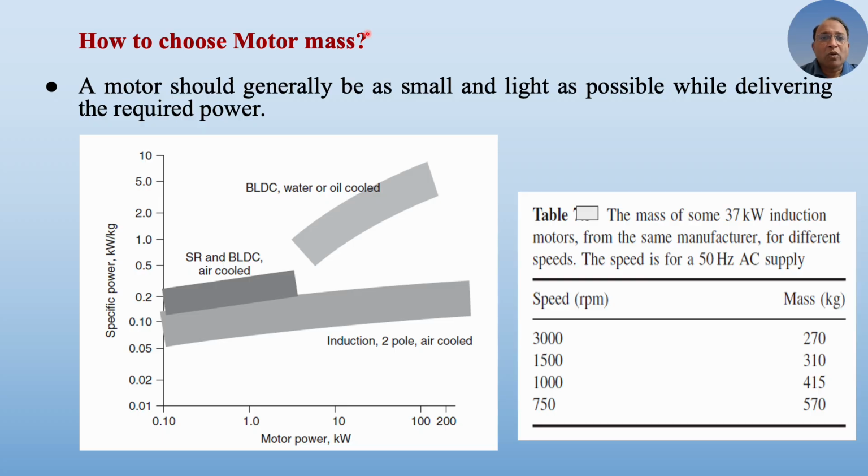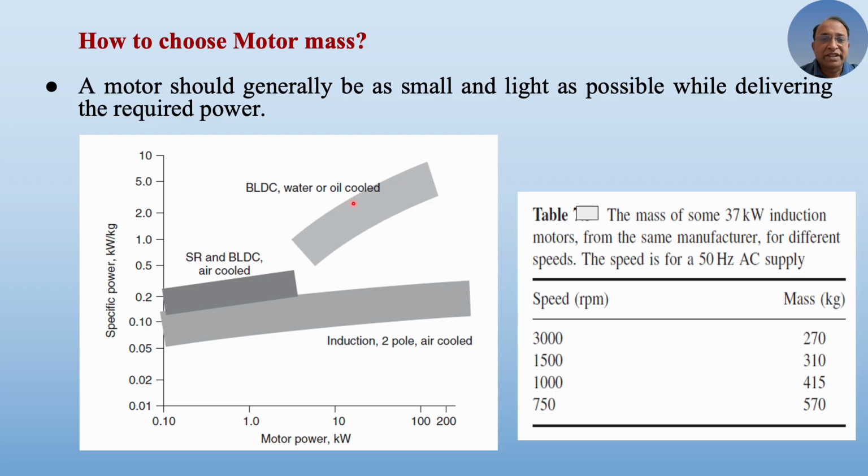The overall best specific power is available with the water or oil cooled brushless DC motor, and we observe that this motor offers specific power in the range of 0.5 kilowatt per kg all the way up to 10 kilowatt per kg. So this is a wide range. If you observe the power rating here, the specific power increases with the size of the motor.